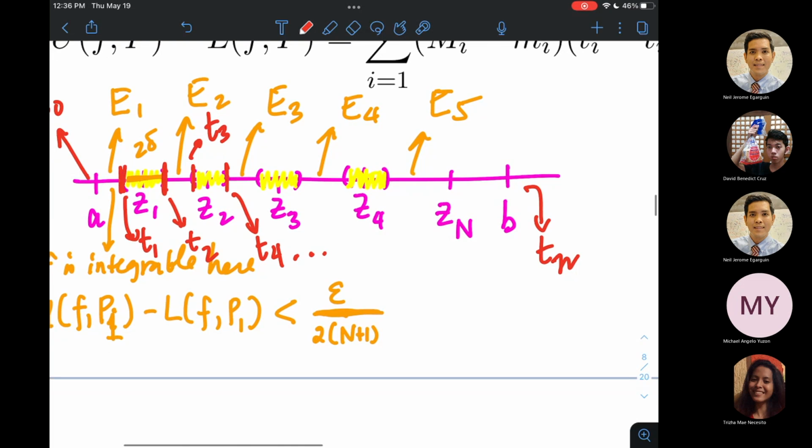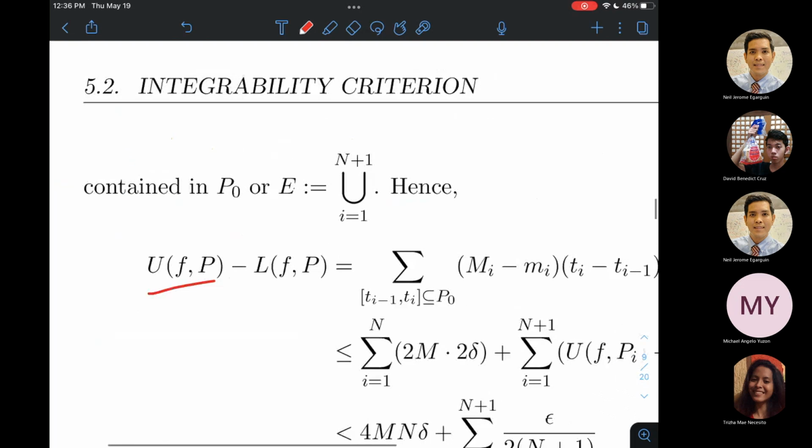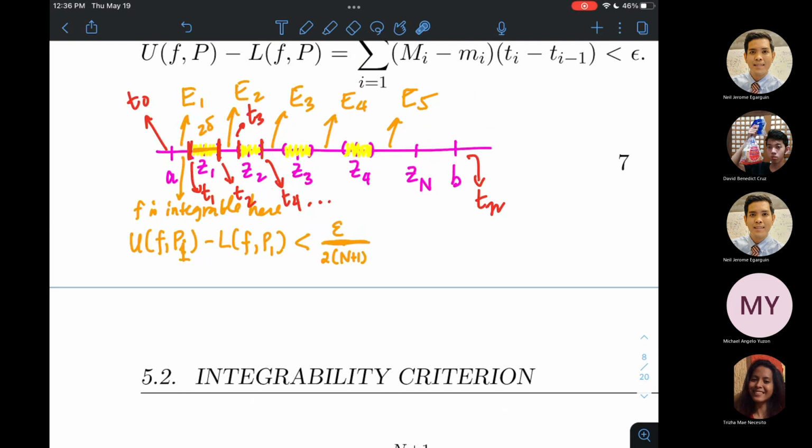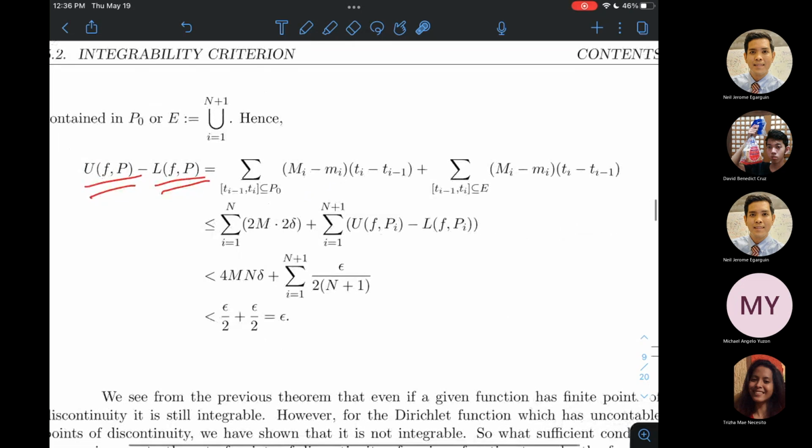Tapos kukunin ko ano yung itsura ng upper Riemann sum minus lower Riemann sum relative doon sa partition inducer P comprised of T0 hanggang kay Tn. Okay? Pero alam na natin na bawat isang subinterval kay P ay either isang orange interval o isang yellow interval. Okay? So, hinati ko siya sa dalawang classes. Dito, pag plusin ko lang yung difference ng upper at saka lower Riemann sum mula dun sa mga yellow intervals kung saan may discontinuity.